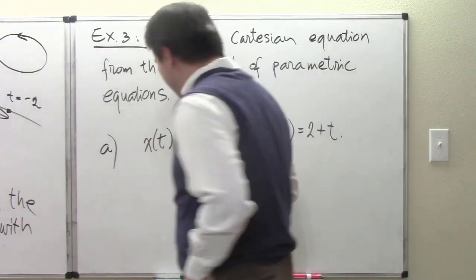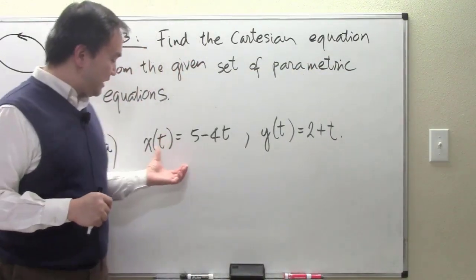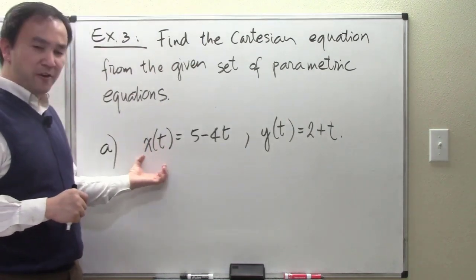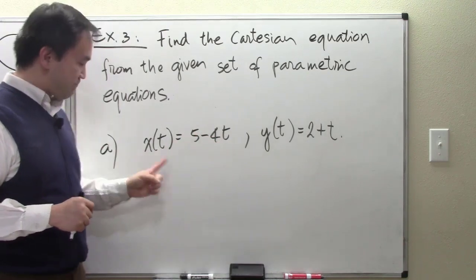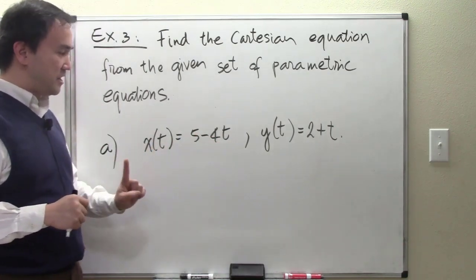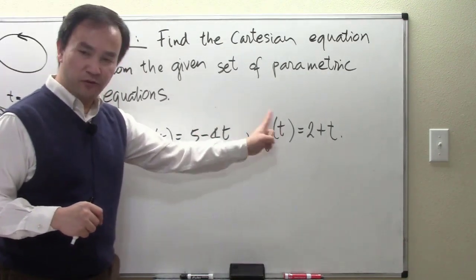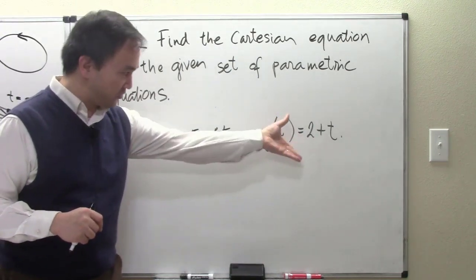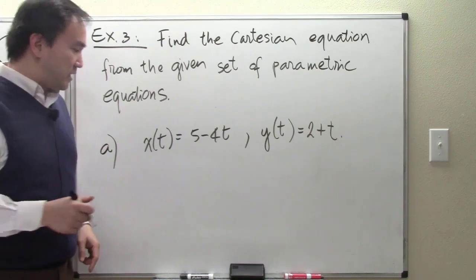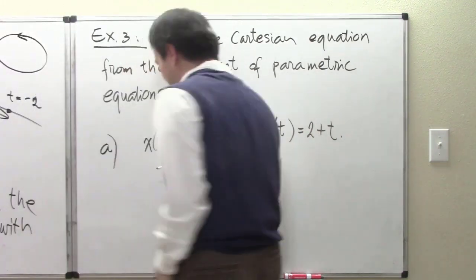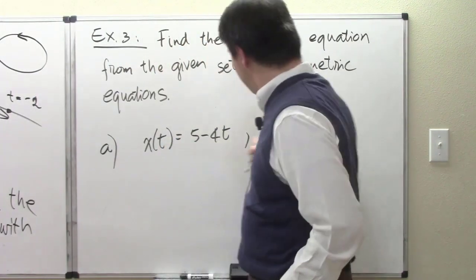So yes, I see x of t as a function, expressed as 5 minus 4t. It's a function dependent on t. And y is a function y of t, formally dependent on t, 2 plus t. But think about if we can just skip the t notation here.